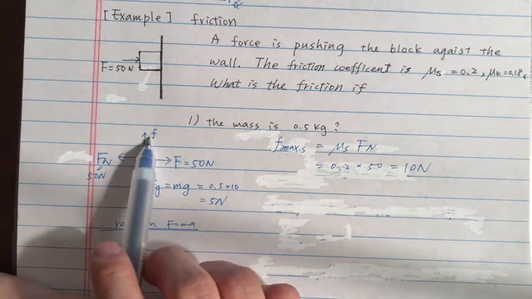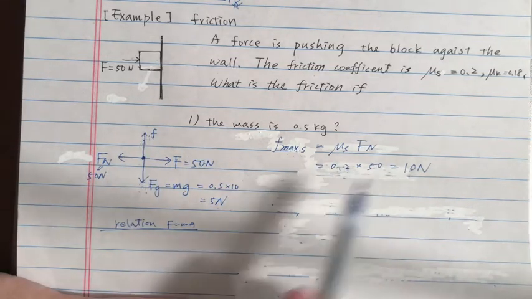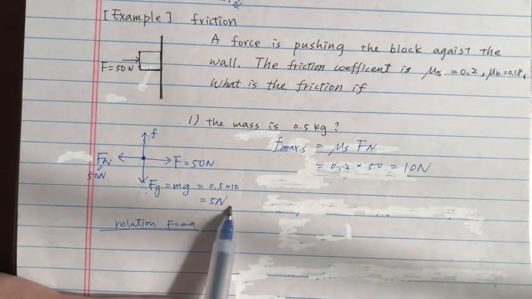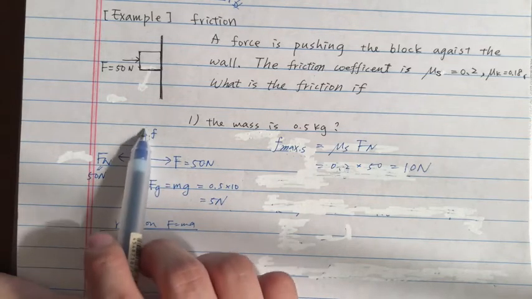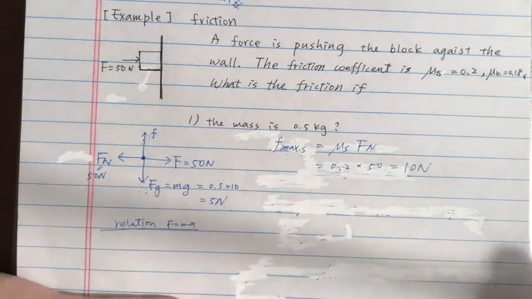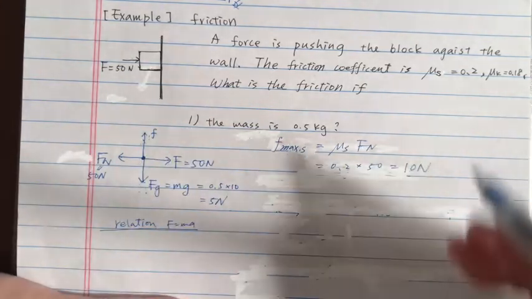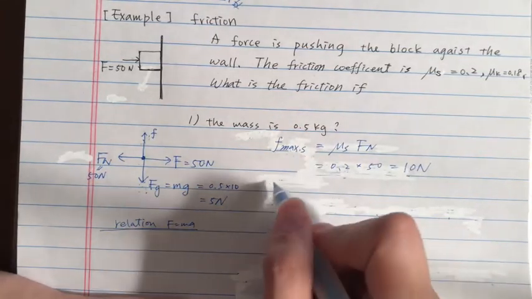So for this friction force, you can see it can go up to 10 Newtons. So if this is 5 Newtons, the friction force can be 5 Newtons as well, and they will completely cancel out, and the block will stay balanced, will stay at rest.